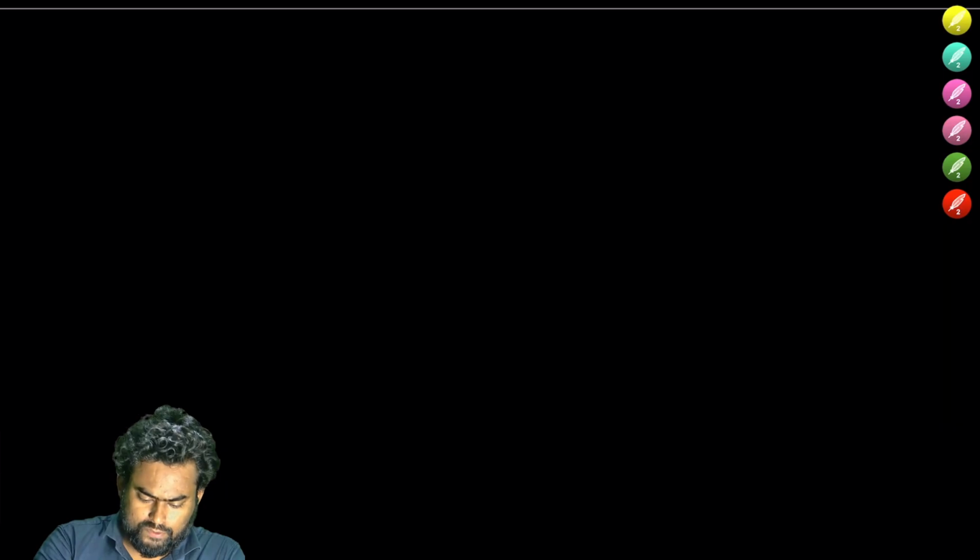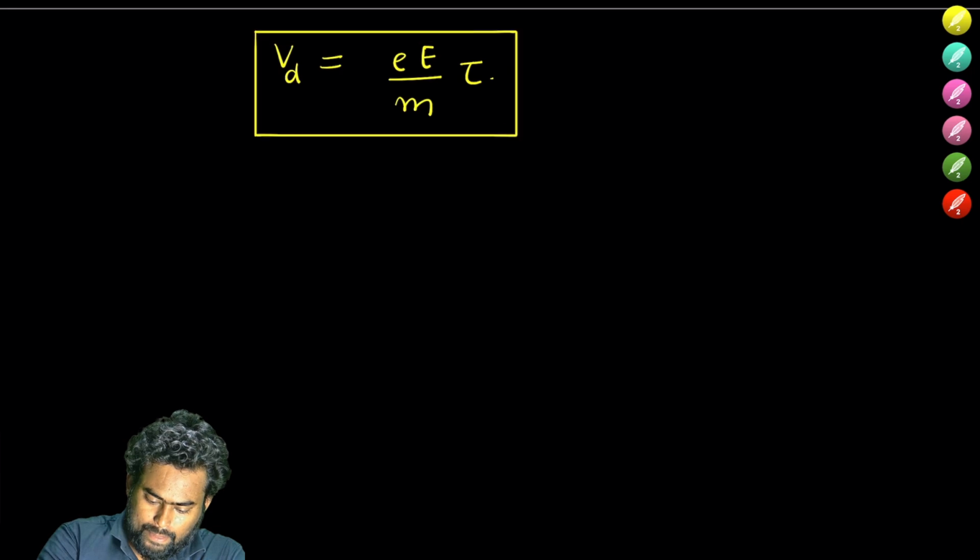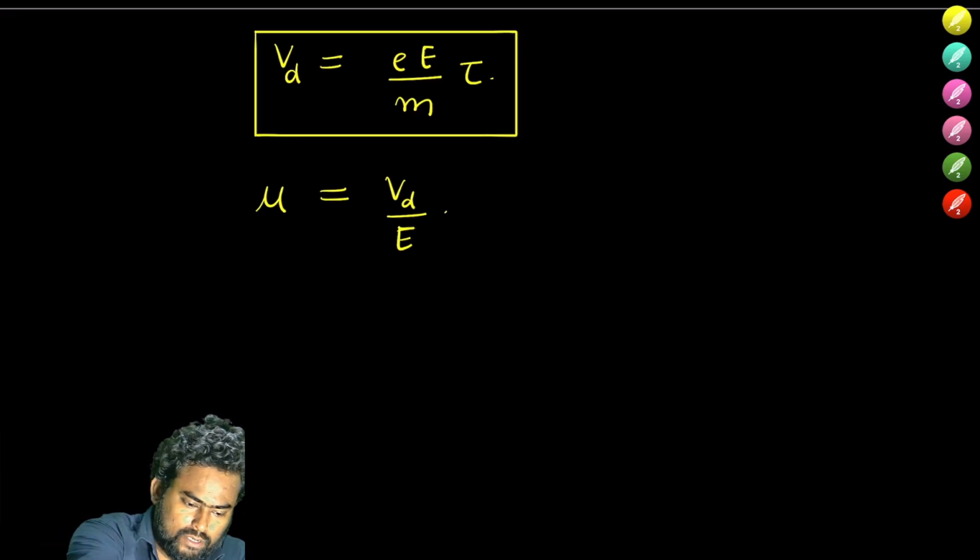A few concepts before that we can see. There is something called drift velocity. The drift velocity formula is given as E by m into tau. Then mobility is drift velocity per unit electric field.